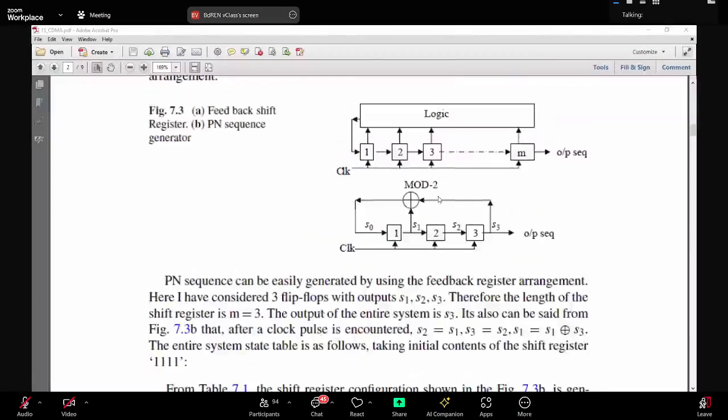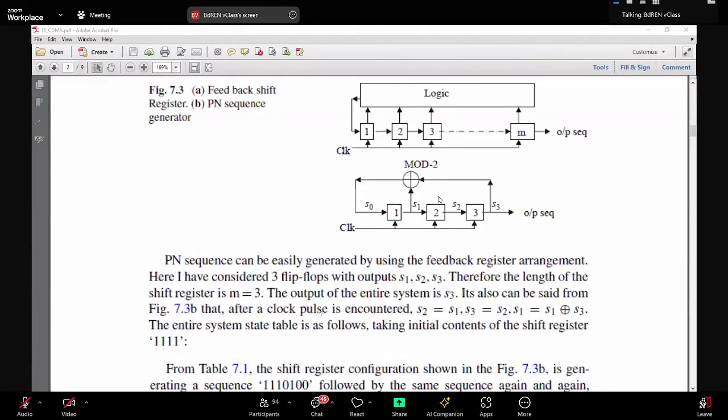But for now, we just assume that I have, say, 3 different flip-flops, and every time you have a clock pulse, the input is forwarded to the output for the flip-flops. And from S1 and S3, you do an XOR operation to get the input of the first stage.